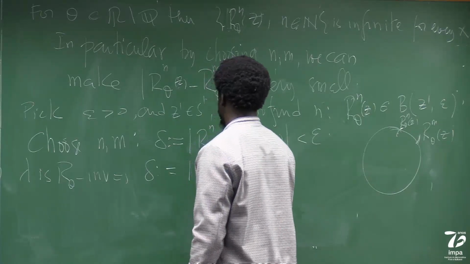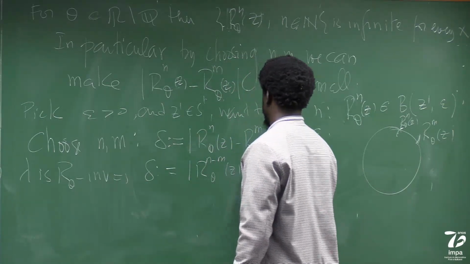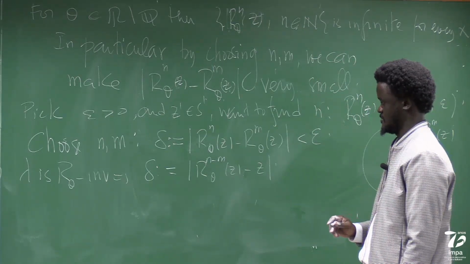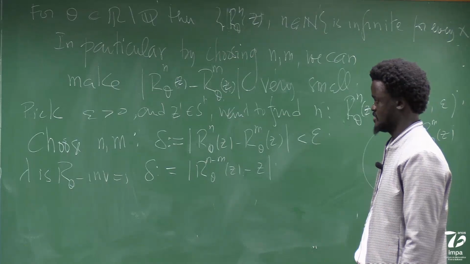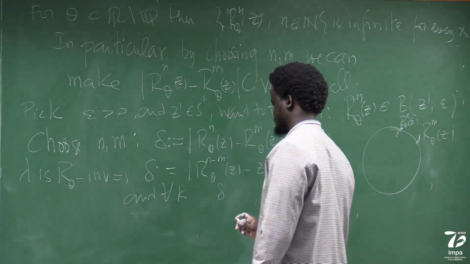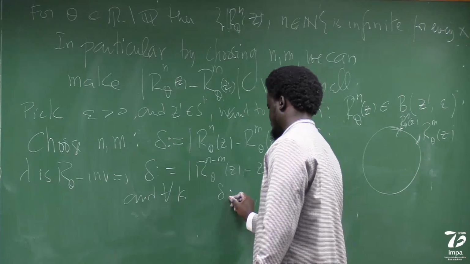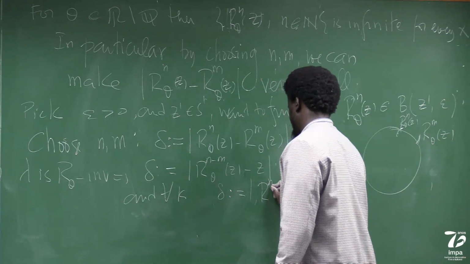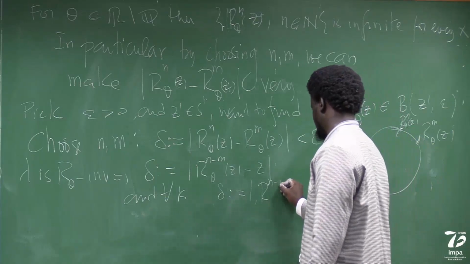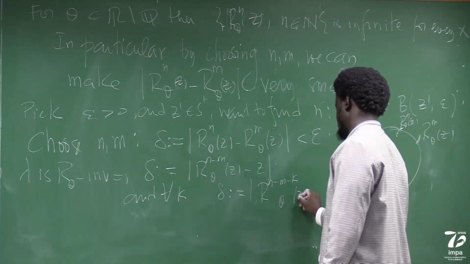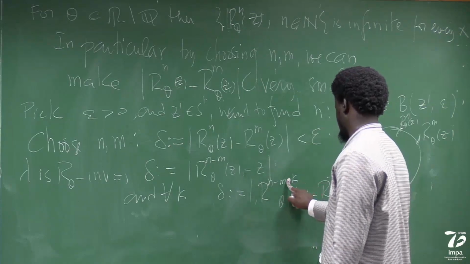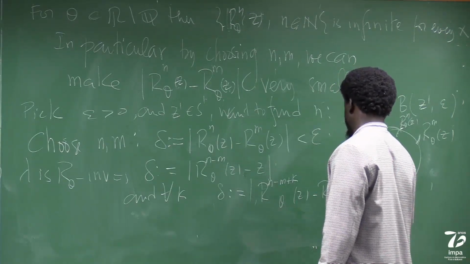By invariance, you can apply the pre-images, and for every k, delta also equals the distance between R_theta^(n-m+k) z and R_theta^k z.